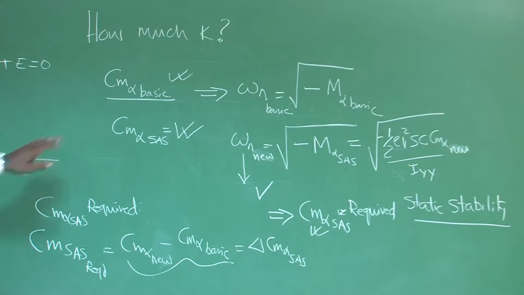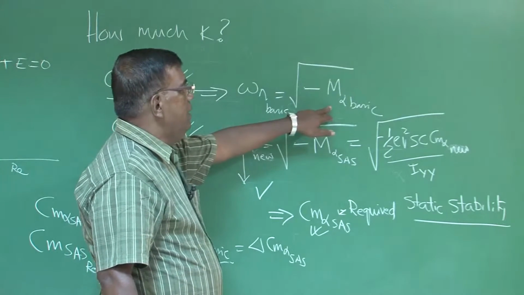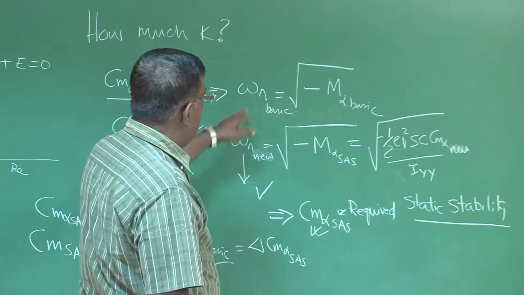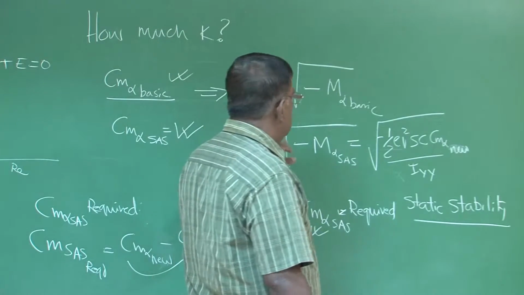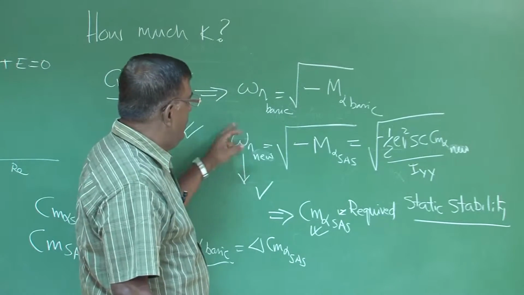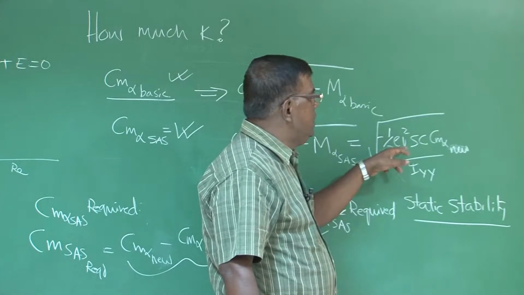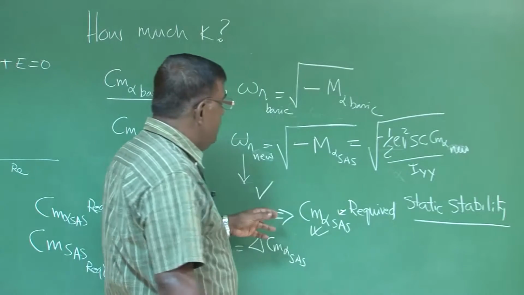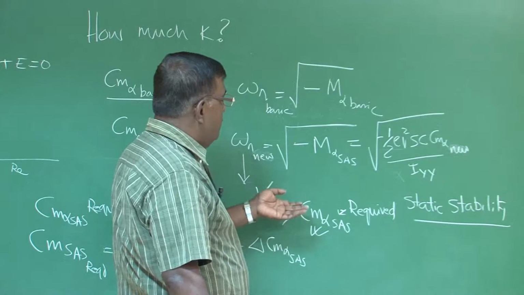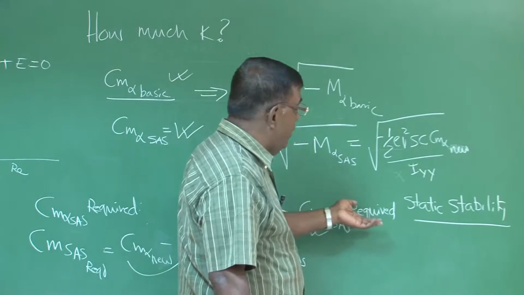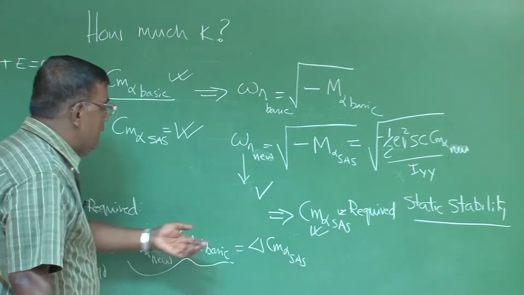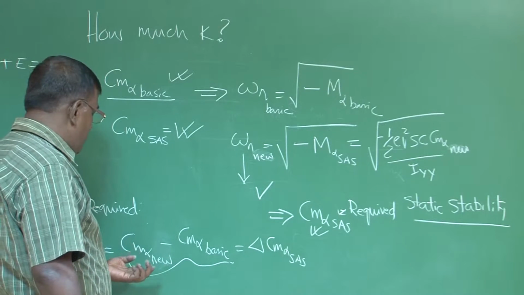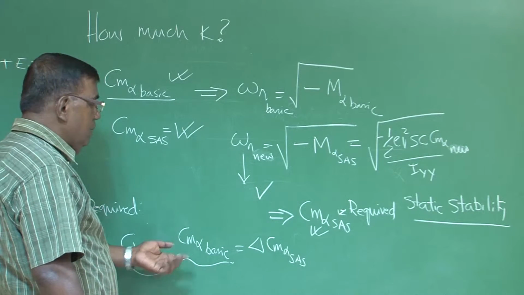Cm alpha basic you know from the design, which is given by under root of m alpha basic. And if I further expand it, I find for omega new for a given altitude and speed, what is the Cm alpha new required? That means, next question is how much Cm alpha SAS required, so that delta Cm alpha SAS gives the additional delta Cm alpha, which is nothing but Cm alpha new minus Cm alpha basic.